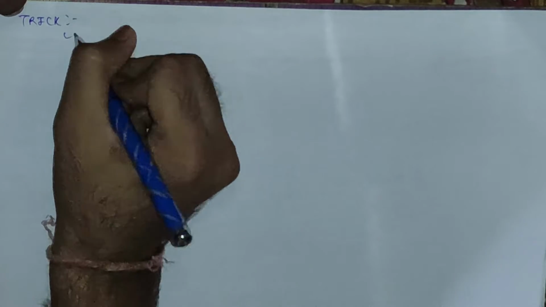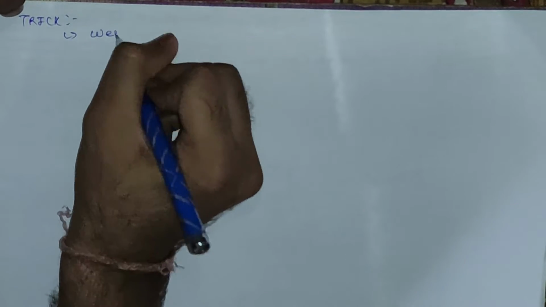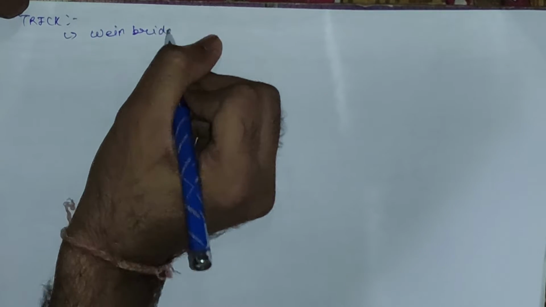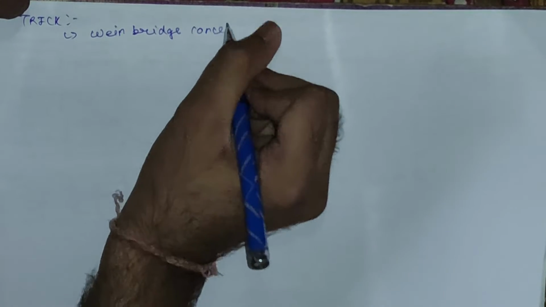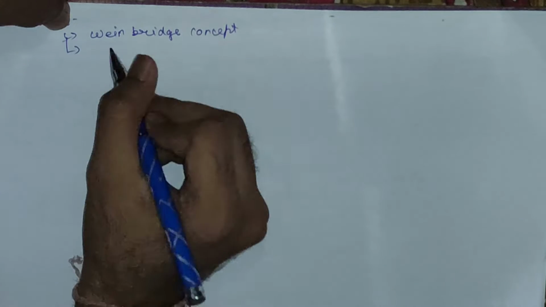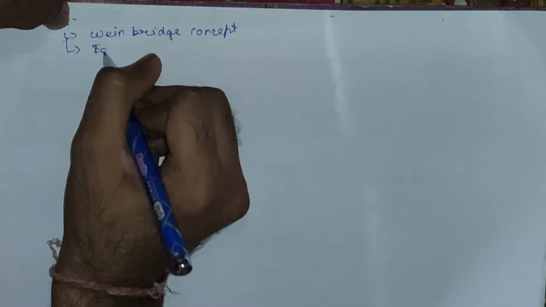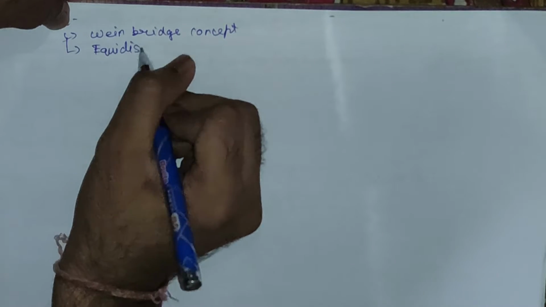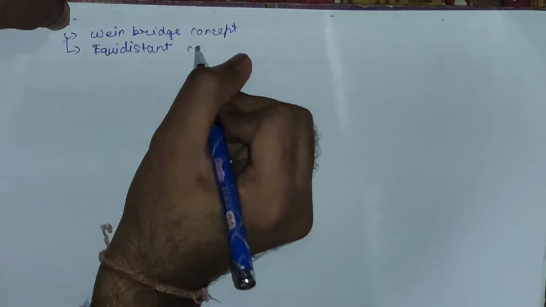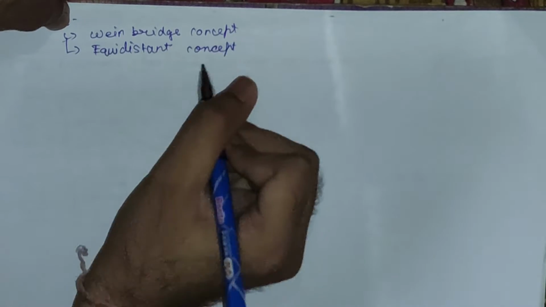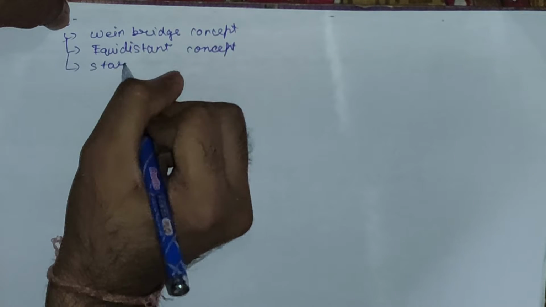The trick is you have to follow three things, mainly including the Wien-Bridge concept. This one is the first one. Then if your circuit doesn't have any Wien-Bridge, you can go for the equidistant concept. And if this is also not applicable, then you have to go for star delta.